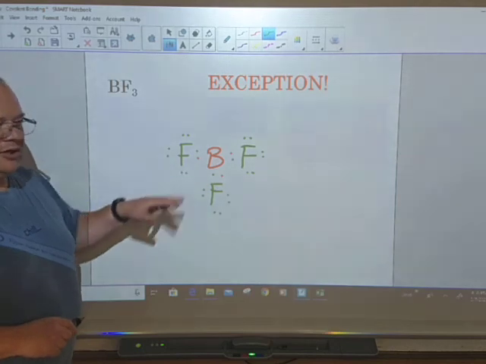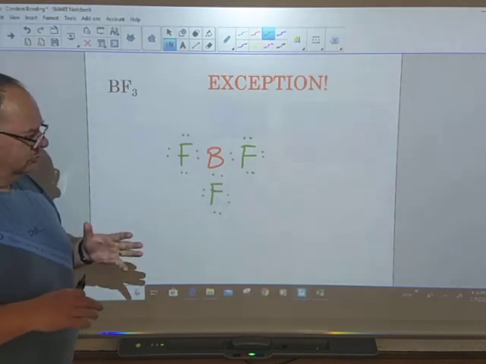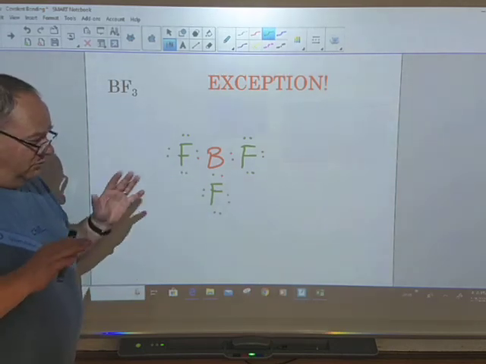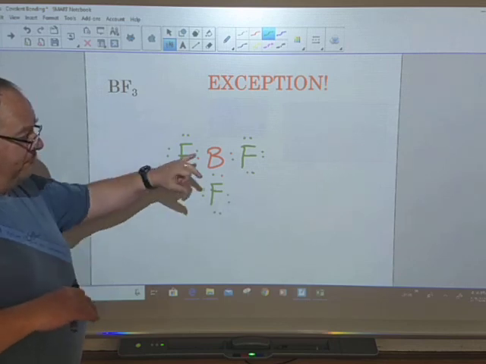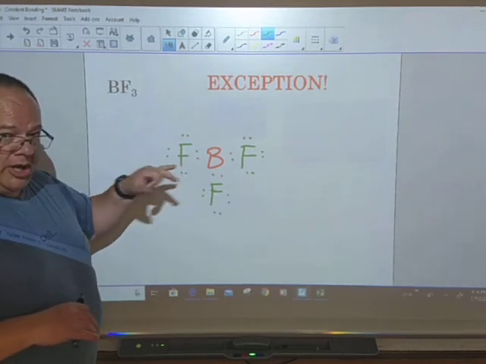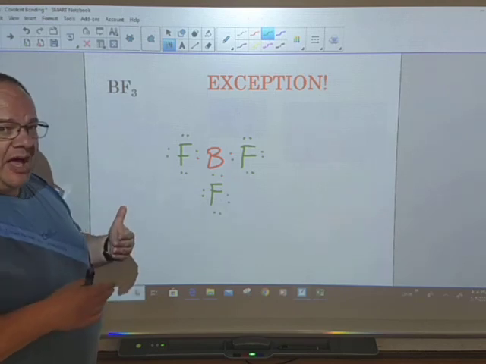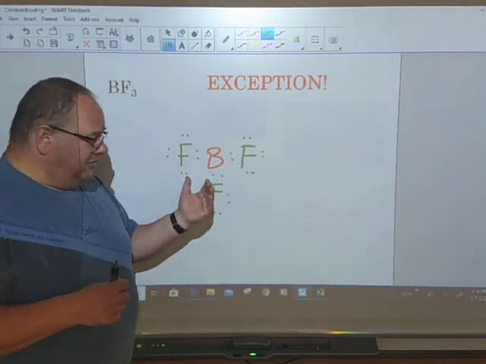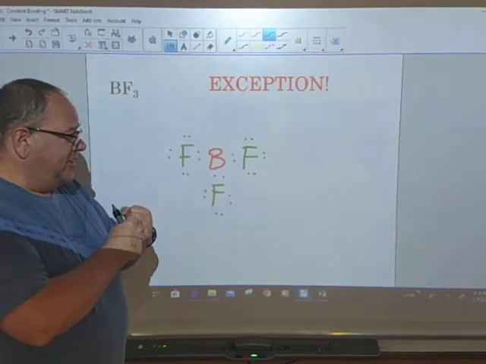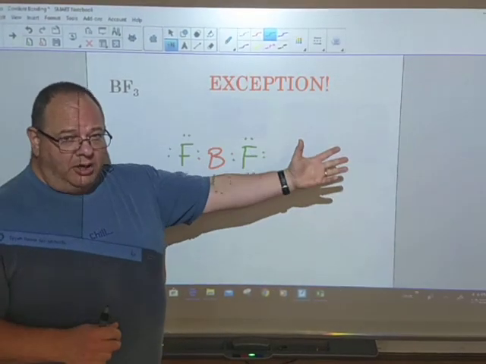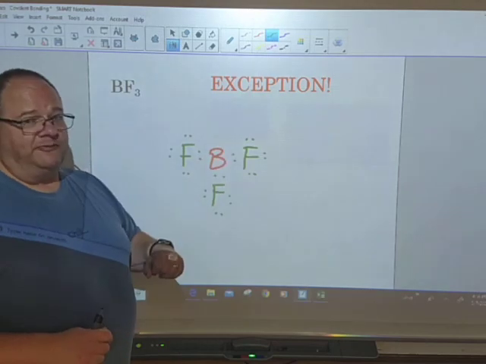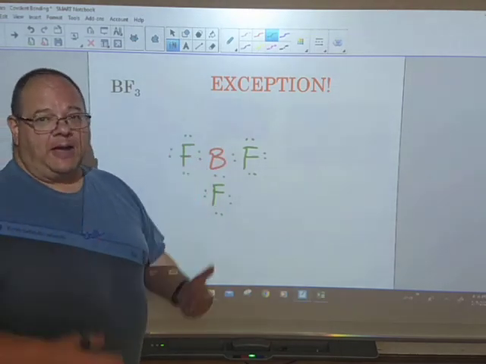If we make 3 single bonds, okay, fluorine's all got all the electrons it wants. Boron is short. Boron only has 6 electrons by it. But in order to go to a double bond, boron, which is barely holding on to its electrons, would have to partially take away electrons from fluorine, and that's just not happening.